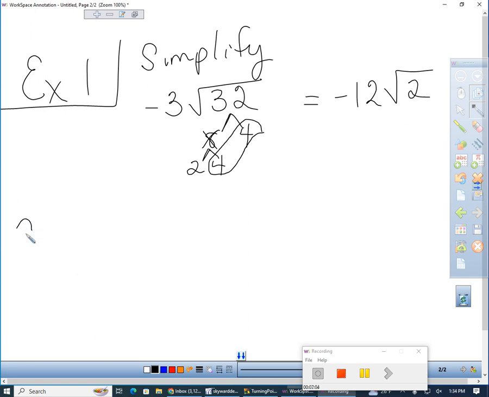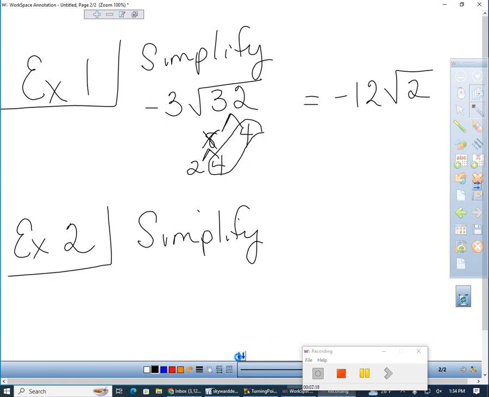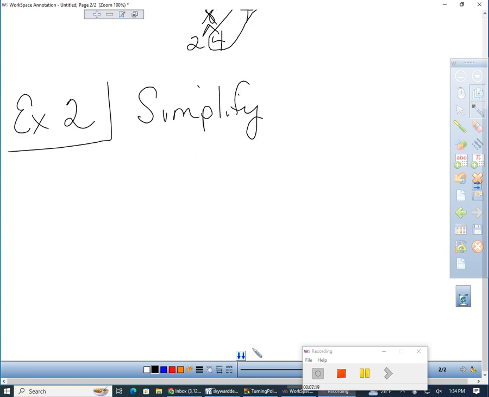All right, here's example number 2. Simplify. Let's go with negative 4 square root 200 x squared y squared.